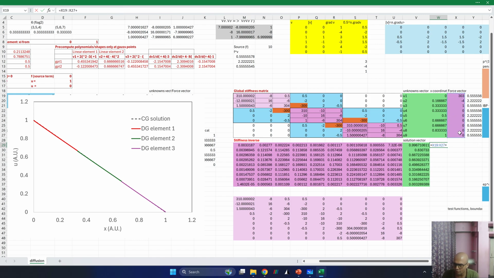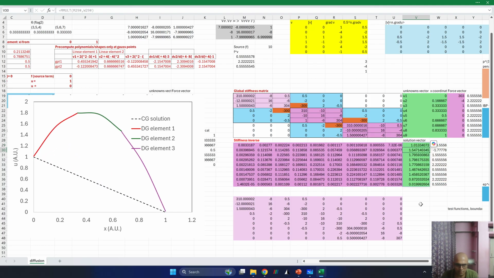We could just take a sum of these two. And then for the solution vector, we could just multiply the inverse by this guy. And this would be with a constant source of 10.